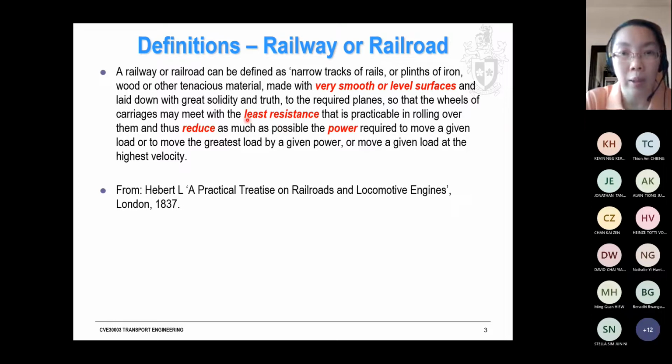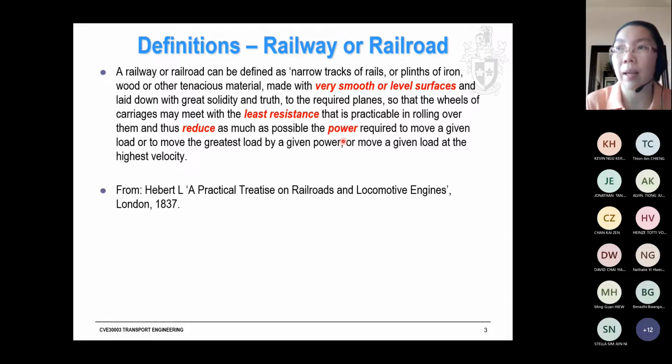We want the contact between the wheels of the carriages and the rail itself to have the least resistance, so that we don't need so much power to move forward, or we can reduce the usage of power.